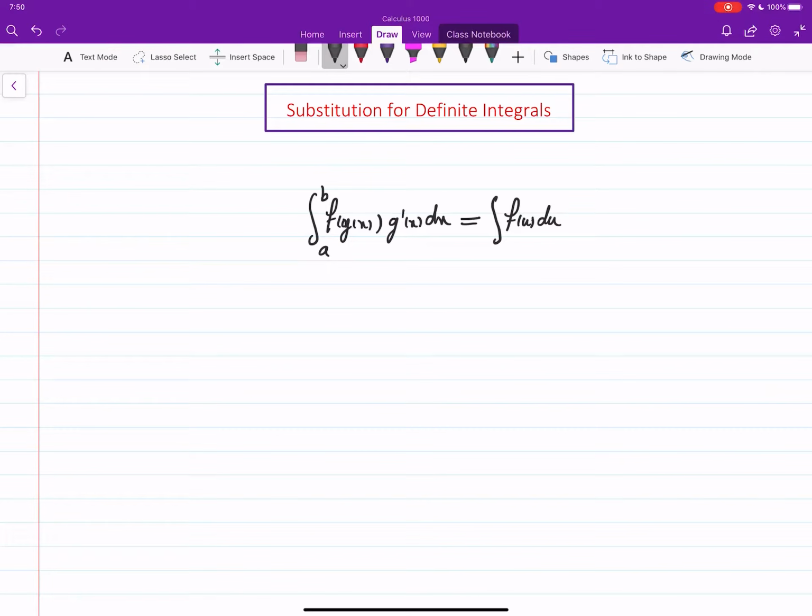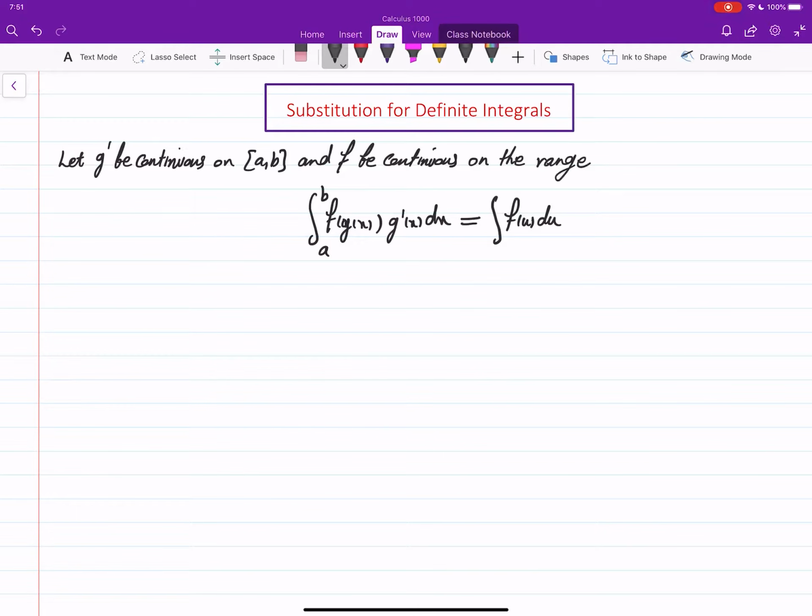So in this case, the assumptions are that g is differentiable, and g' is continuous on the interval [a, b], the interval on which we are integrating, and f is continuous on the range of g.